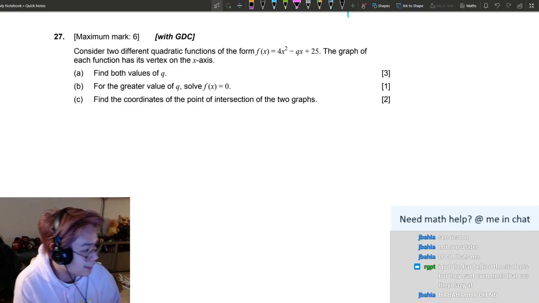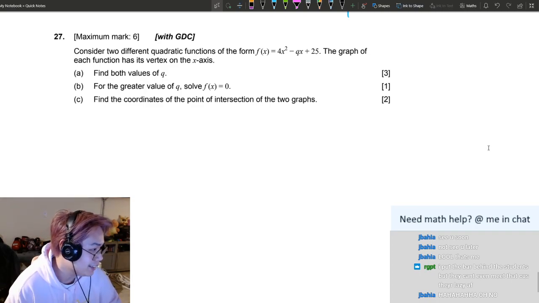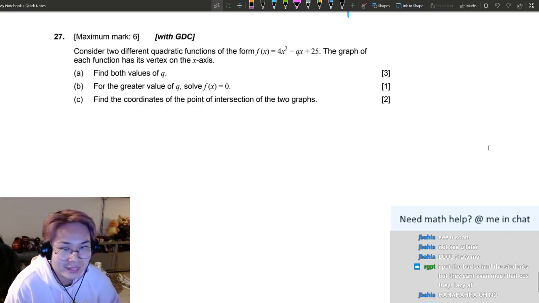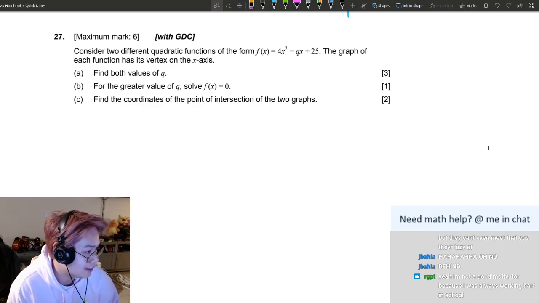You put the bar behind the students? Well, look, if you think that they're hella lazy, then you need to have a chat with them. And be like, hey, I think you're hella lazy. And the way I've designed certain things, you are supposed to have no issue with it, but you are. So we need to have a talk about your expectations of this course versus mine. Yeah, I'm not a good motivator because I was always working hard in school. Yeah, I bet you were.